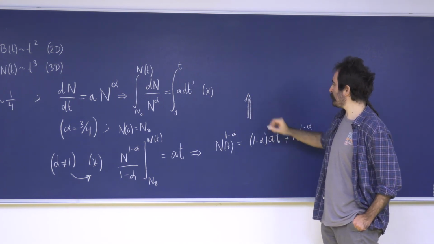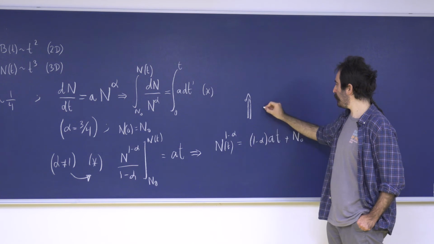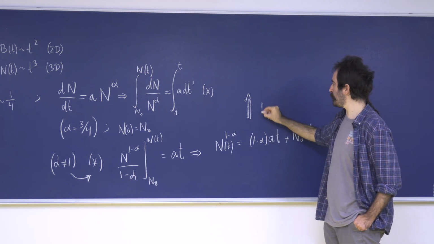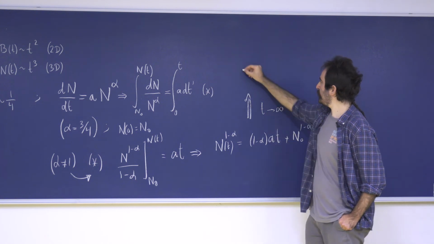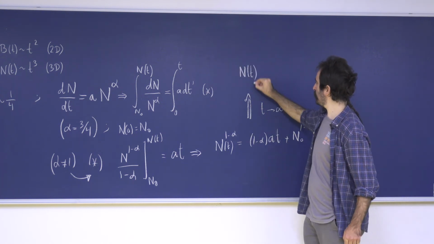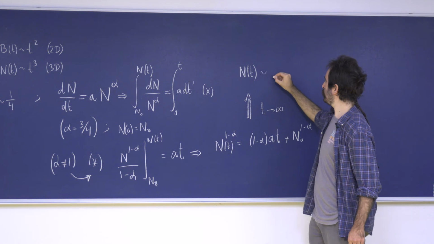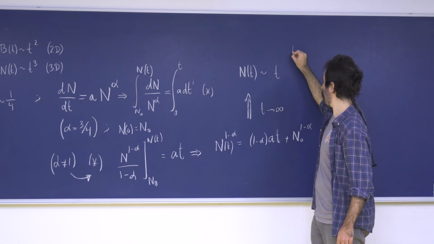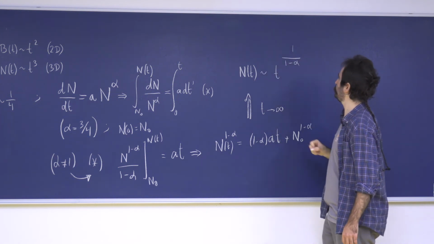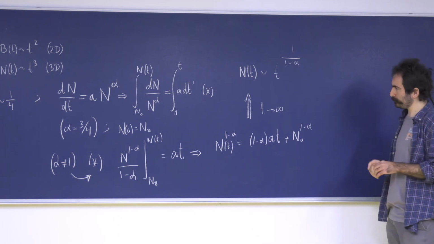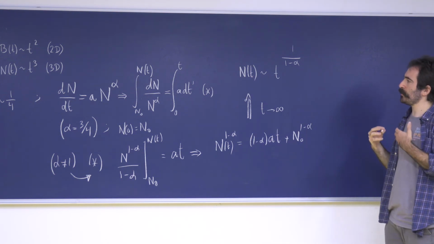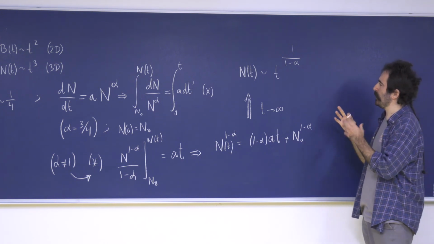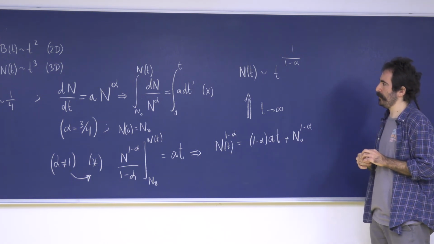And if we take long time behavior, so I'm going to go up here now. If we take asymptotic time, so for t sufficiently large, I see that n of t is simply proportional to t to the power of 1 over 1 minus alpha. Okay, so let's talk a little bit more about the kind of tumors that can display this specific behavior, right?